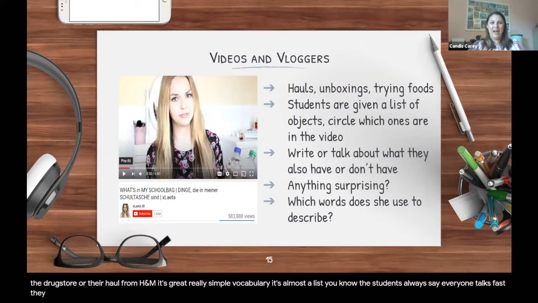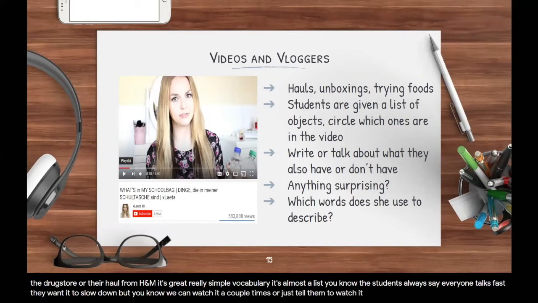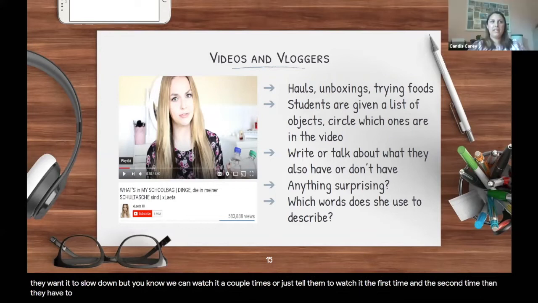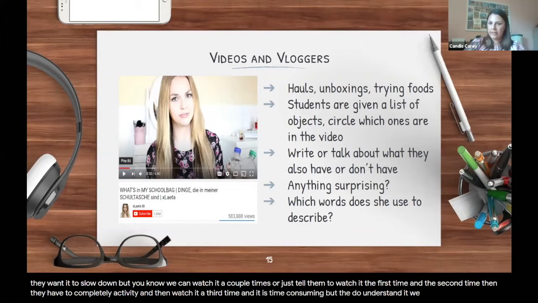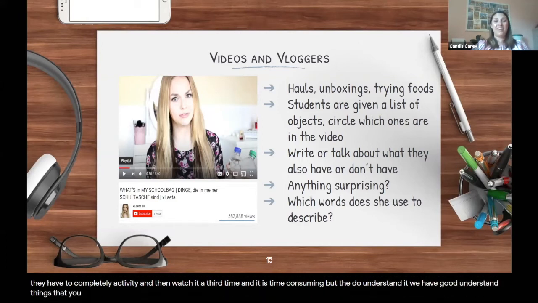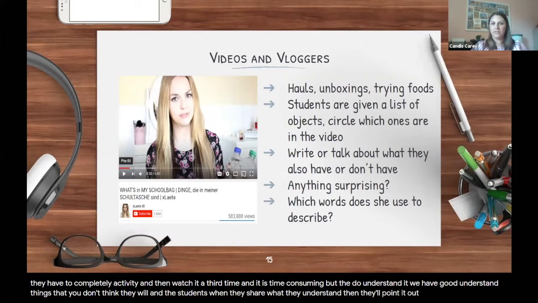They want it to slow down, but we can watch it a couple times, or just tell them to watch it the first time, and the second time they have to complete the activity and then watch it a third time. And it is time consuming, but they do understand it. We have good conversations out of it, and they understand things that you don't think they will. And when students share what they understand, they'll point it out to other students who will listen.